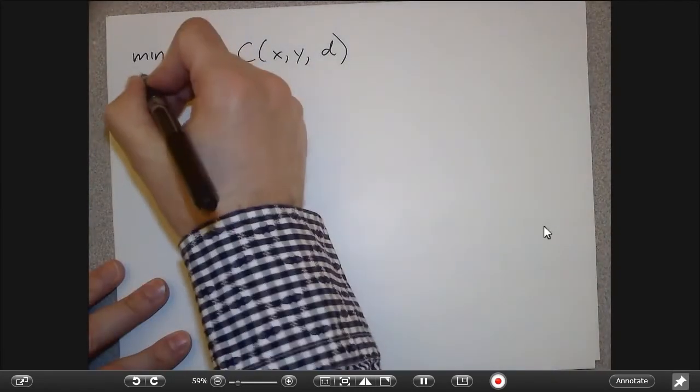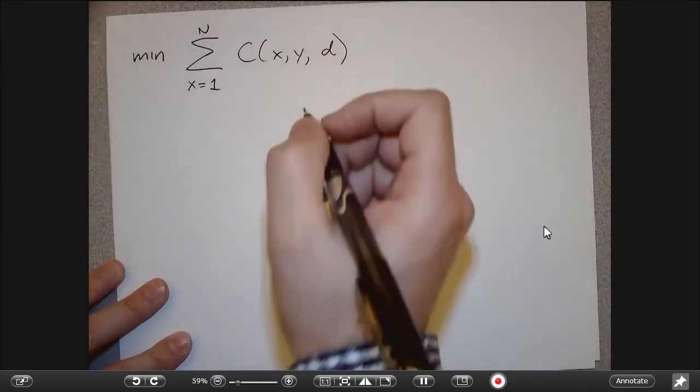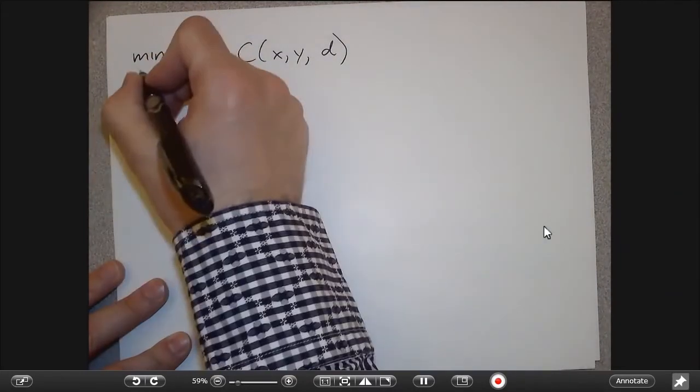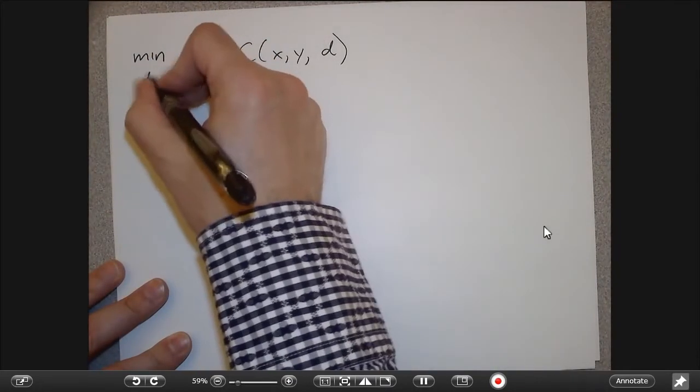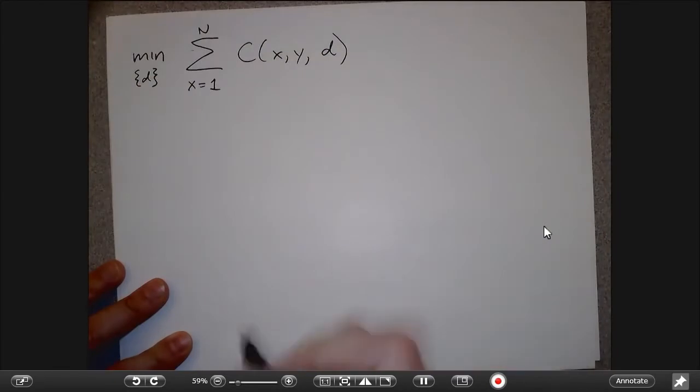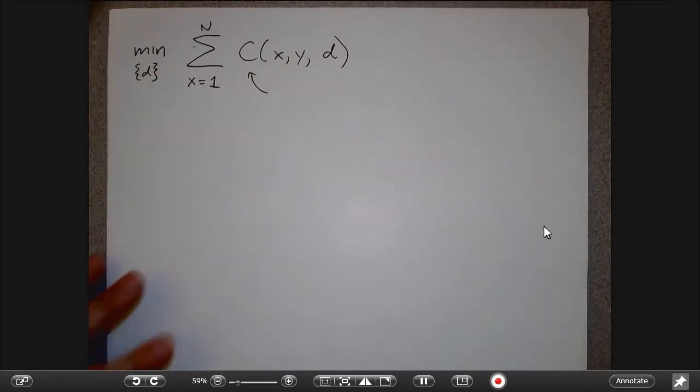So this is a minimization over the set of Ds, right? And for this cost function, I could plug in whatever I want. I could plug in the sum of absolute distances. I could plug in the census transform. Basically, I have a cost function that tells me for every pixel how good the match is, and then I want to minimize the sum of all those goodnesses all at once, right? And so dynamic programming is a way to do that.